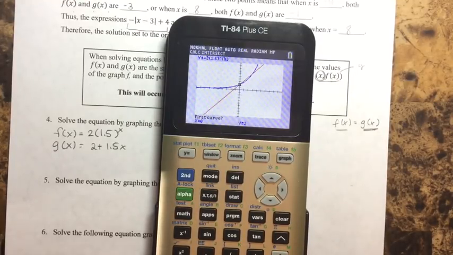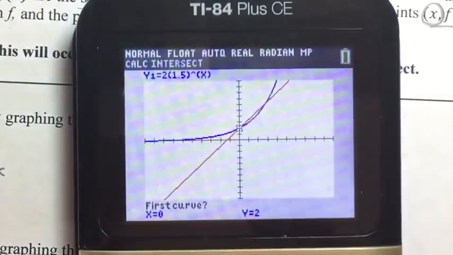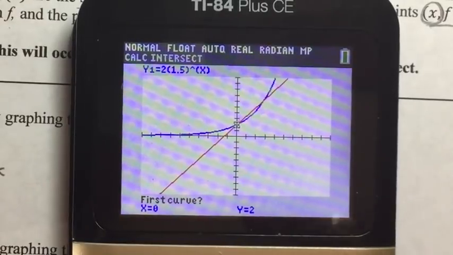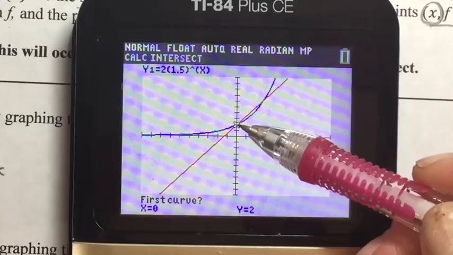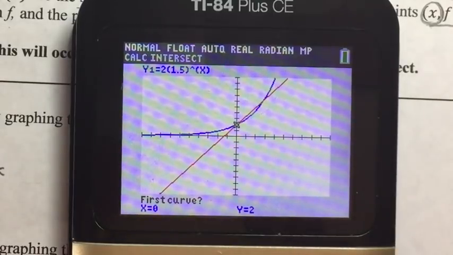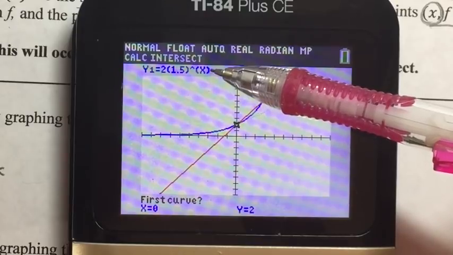Okay, so we put our little blinking cursor. Notice down here, I'm going to zoom in again so you can see this, it says first curve. So I'm putting this little blinker as close as I can to the intersection point. I'm actually working with my first function, which is right here.